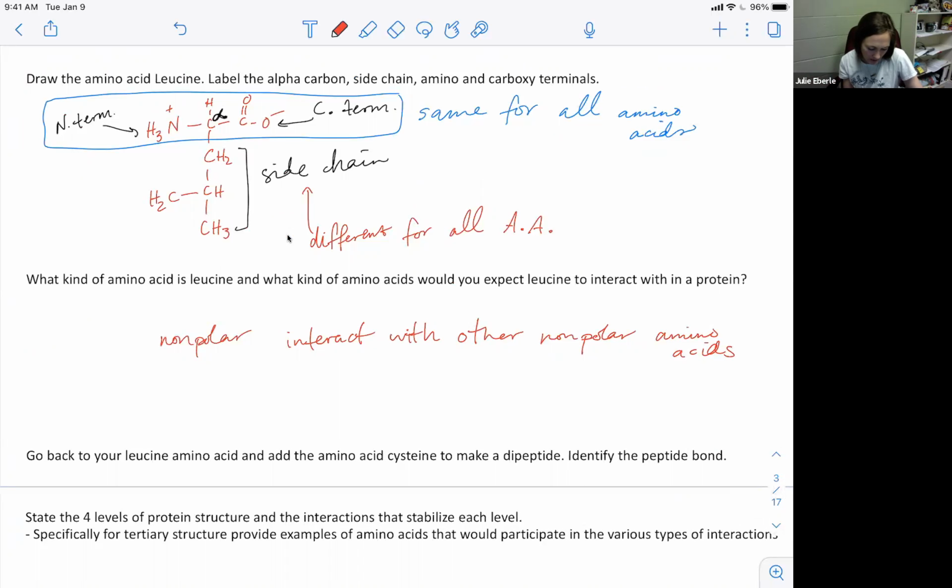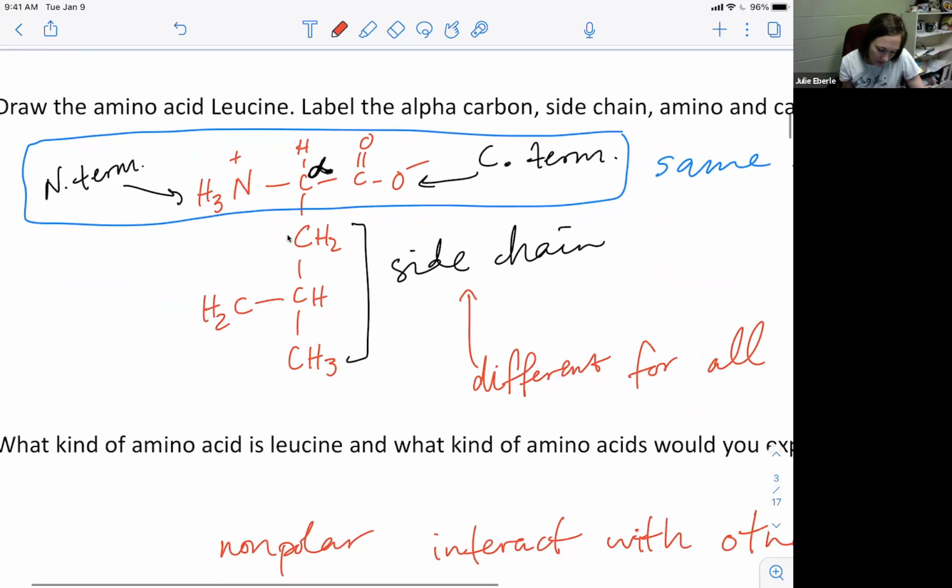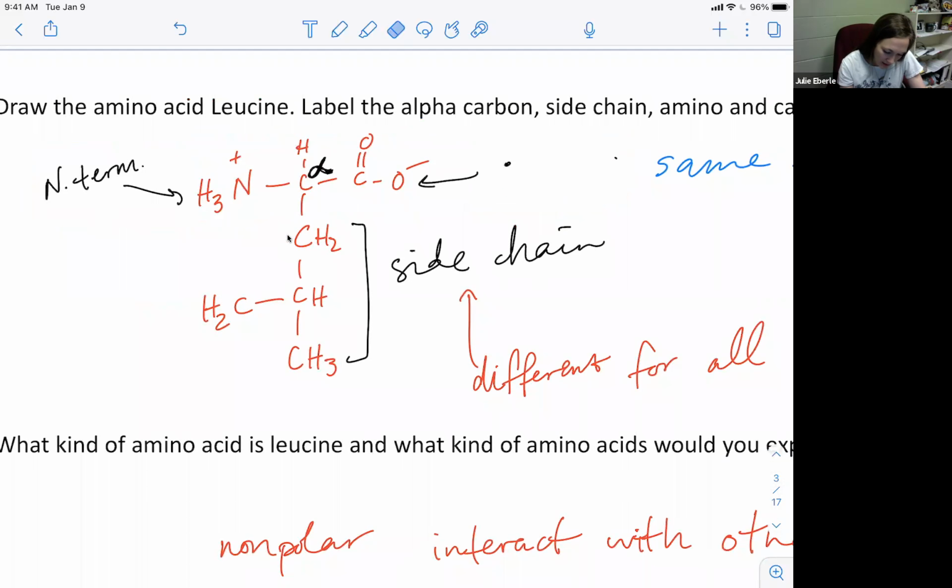Okay. Go back to your leucine amino acid and add the amino acid cysteine to make a dipeptide. Identify the peptide bond. Well, the problem is when I wrote this, I didn't realize I would write all over leucine. So if you need to redraw leucine, do it. I'm just going to erase a little bit. We are going to make a dipeptide with cysteine.